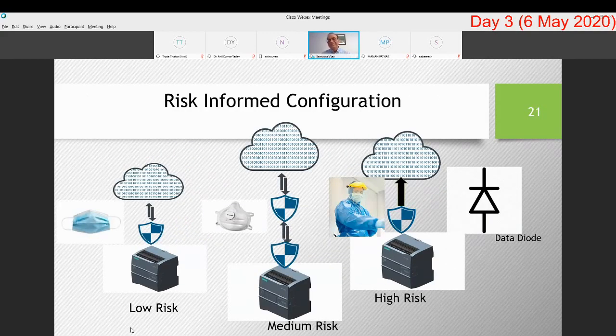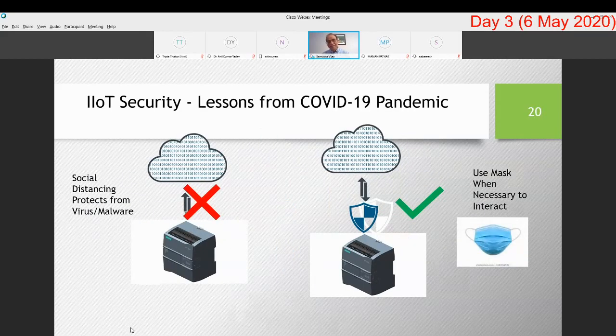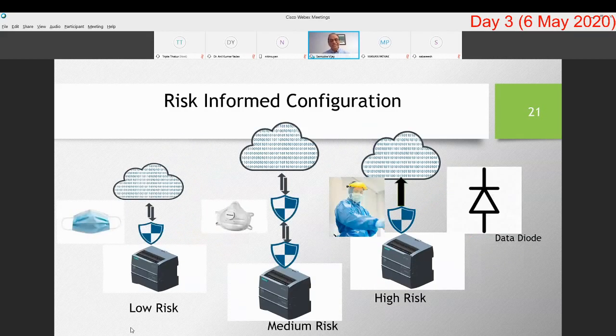Now, that was a very simplistic model of risk. If we are concerned about a more sophisticated environment and want to create a more detailed risk map and perform a risk analysis, then we could divide various functions into low risk, medium risk, and high risk, and accordingly we could come up with appropriate solutions.